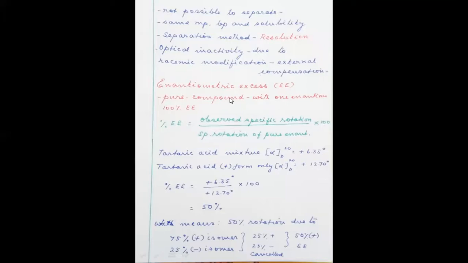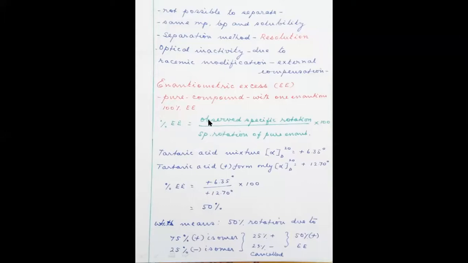Now look here, in order to calculate the percentage of enantiomeric excess: observed specific rotation divided by specific rotation of a pure enantiomer into 100. Look here, if I had taken the pure compound, what would be its specific rotation, that has to be taken in the denominator.